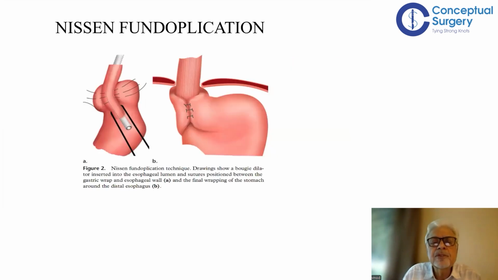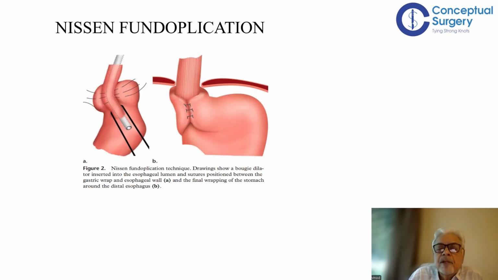Now, when we do the Nissen fundoplication or laparoscopic Nissen fundoplication, that is the index operation that we are talking about here. In this, we have to wrap the fundus around the esophagus, the terminal part of the esophagus. Now, this is very important to understand, that if our wrap is around the stomach, it's not going to work.